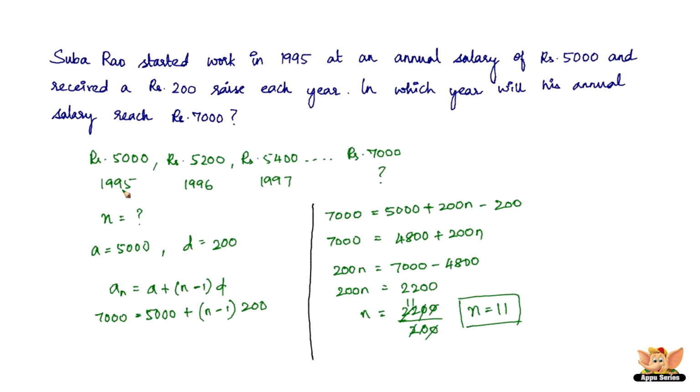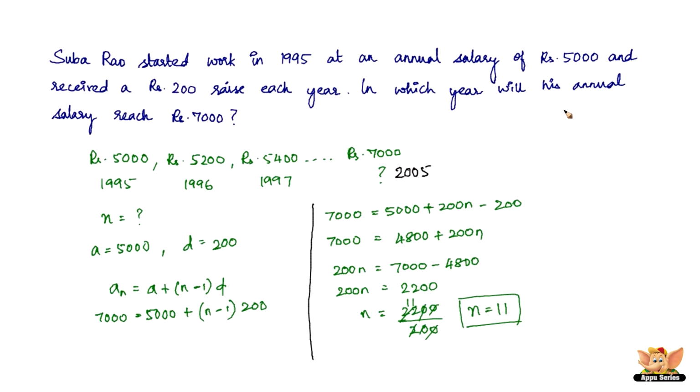So if this is the first year, his 10th year will be what? 1995, 1996 is the second, 1997 is the third, and so on. The 10th will be 2004, the 11th would be 2005. So the year in which Subba Rao's salary equals 7,000 is the year 2005.